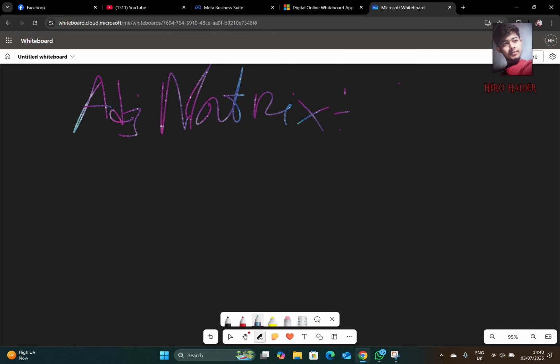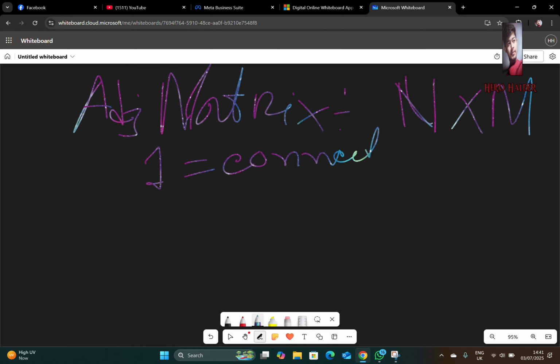It is an n by m matrix. Here 1 indicates connected and 0 represents not connected.